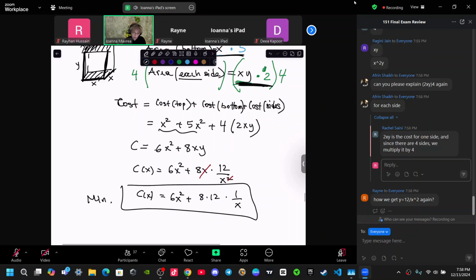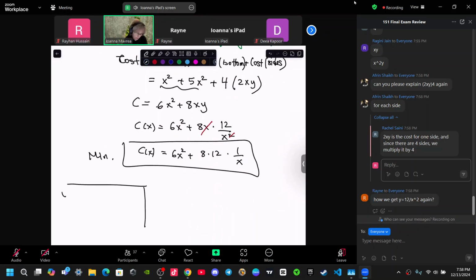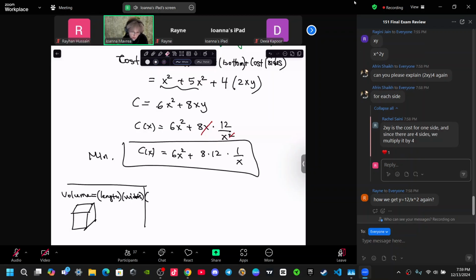Okay, so we know that the volume of a box is length times width times height. My handwriting is large.